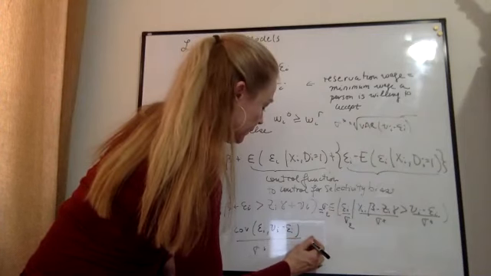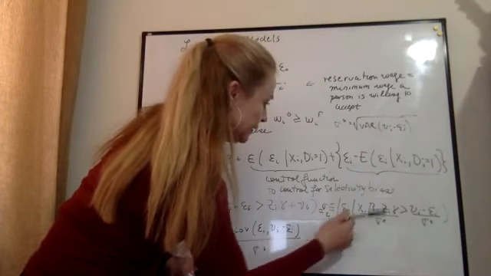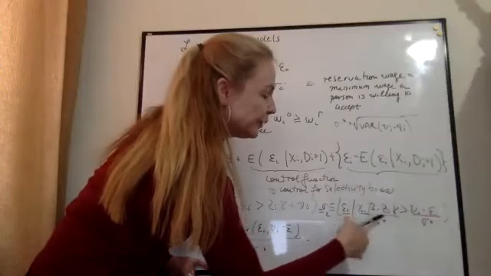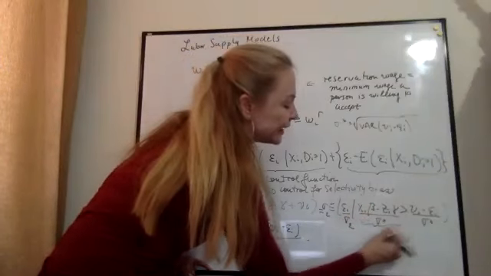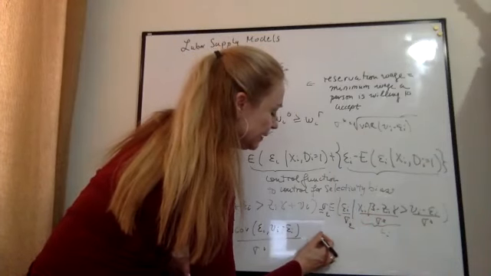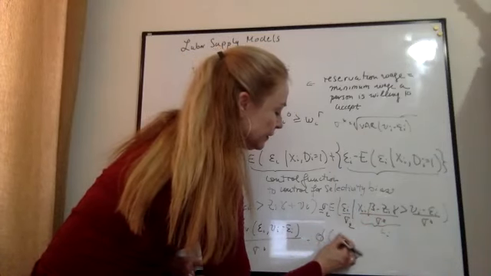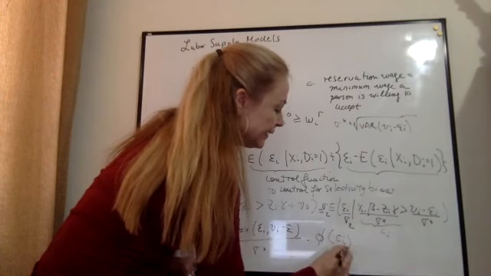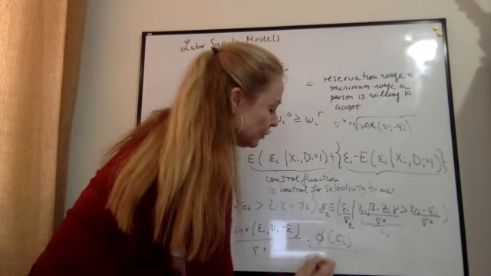Times, this is truncation from above. This is like the CI that we had before. So we're going to have times the CI, and this is 1 minus.